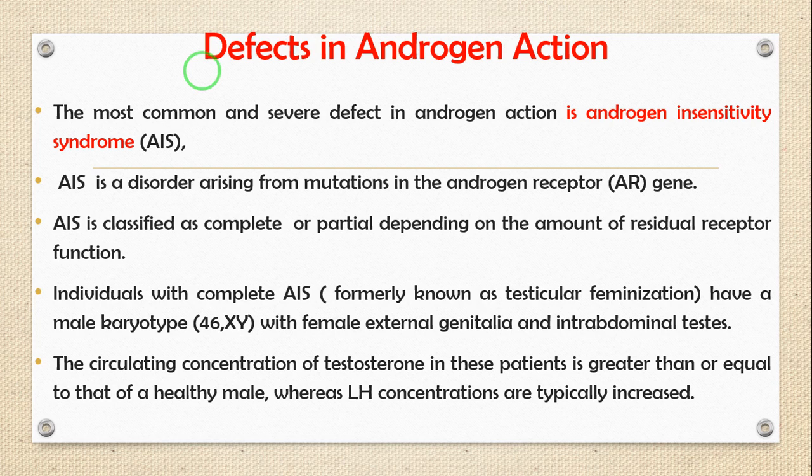While in both cases of hypogonadism the level of testosterone is low, when we have a defect in androgen action the level of testosterone is high, or at least normal, and the level of the luteinizing hormone is also increased. But the androgen is not working properly because there is a defect in the androgen receptor. We have a mutation, so it became insensitive to the level of androgen.